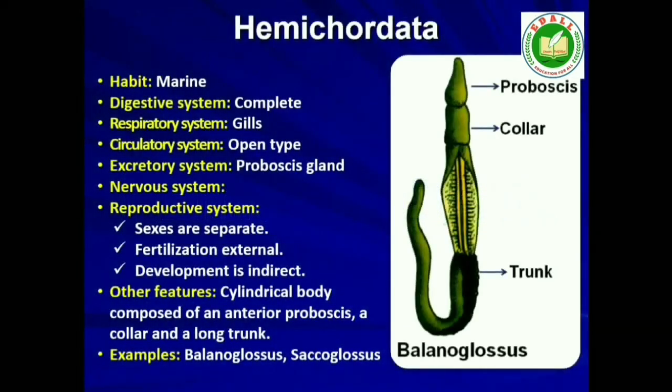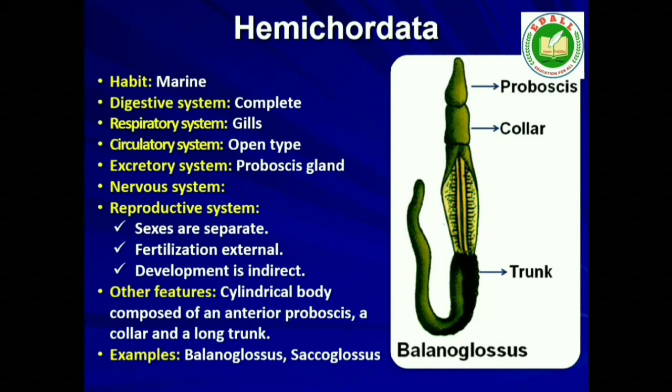11th is phylum Hemichordata. Hemichordata was earlier considered as a subphylum under phylum Chordata, but now it is placed as a separate phylum under Nonchordata. This phylum consists of a small group of worm-like marine animals with organ system level of organization. They are bilaterally symmetrical, triploblastic and coelomate animals.